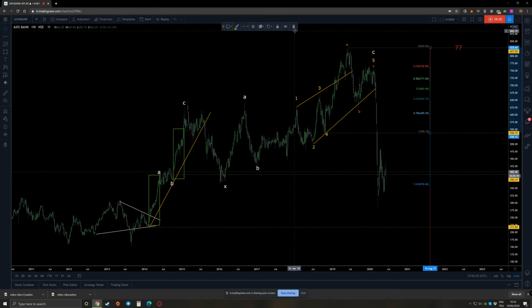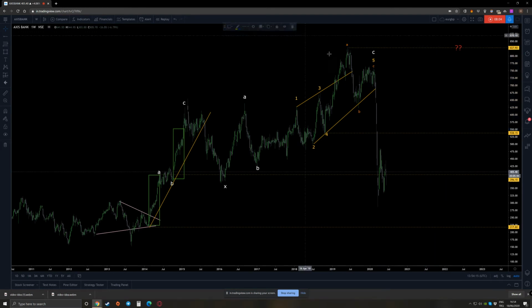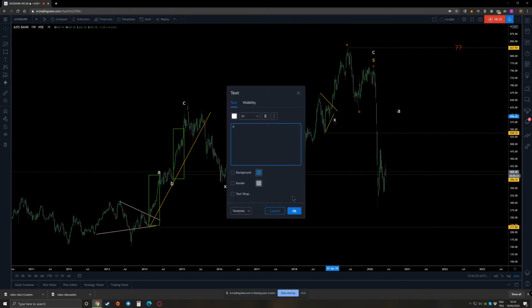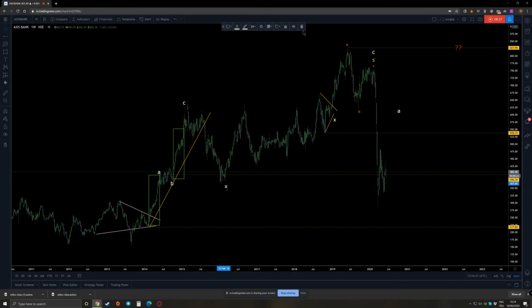Now, the one that I did, let's go back. Okay, the one that I did was looking something like this. This triangle here, and get rid of all of this. The one I did was something like this. We have an X wave here instead of here.